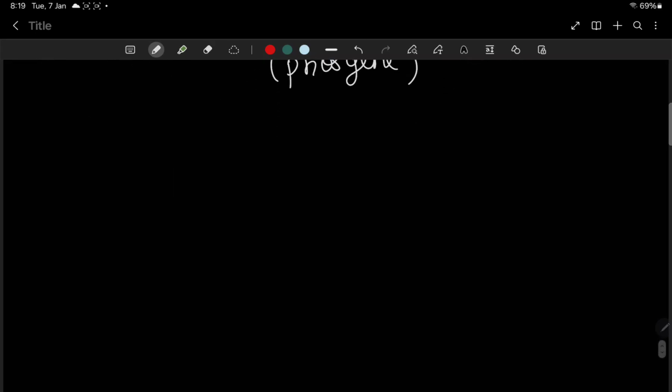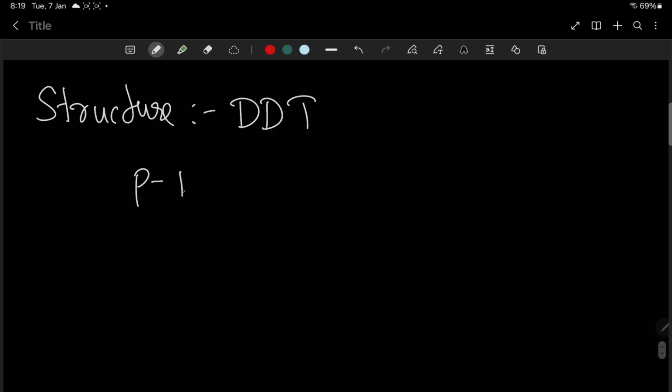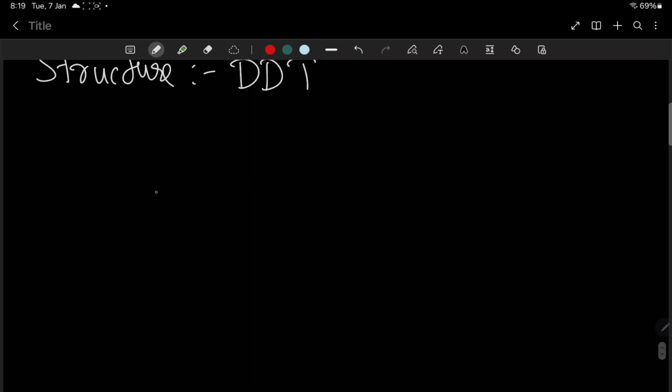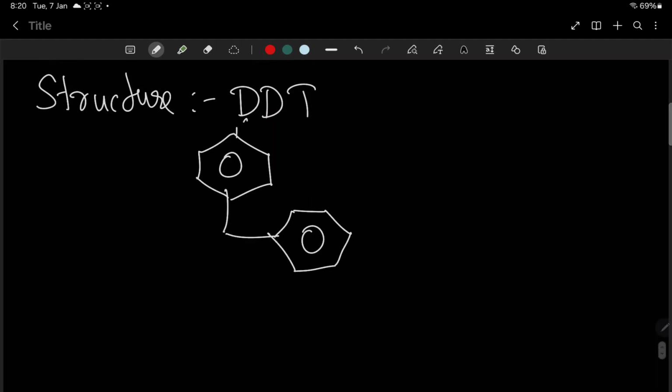Now another important structure from polyhalogen compounds, that is the structure of DDT. That is para-para-dichlorodiphenyltrichloroethane. The structure will be dichloro-diphenyl, trichloroethane.